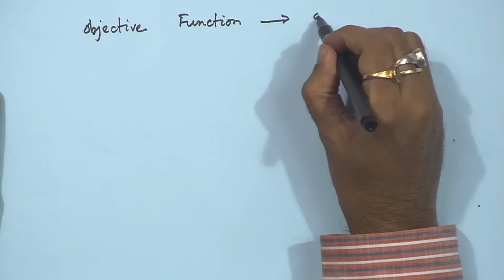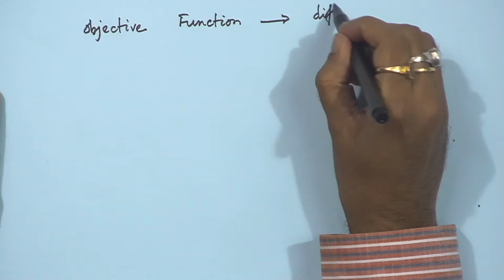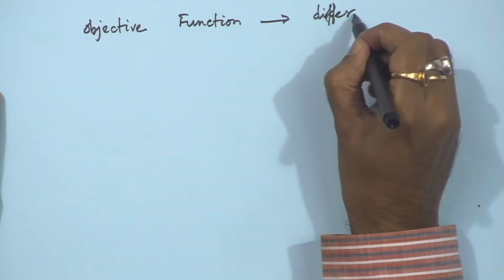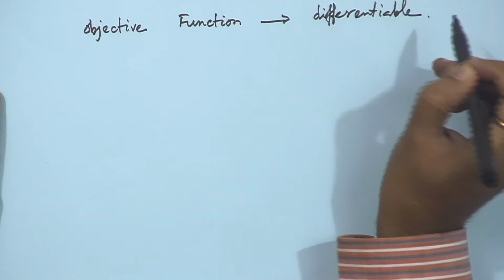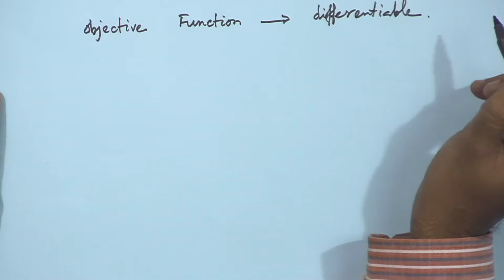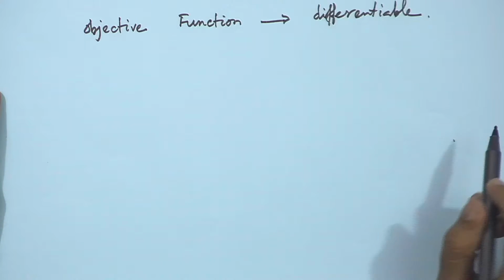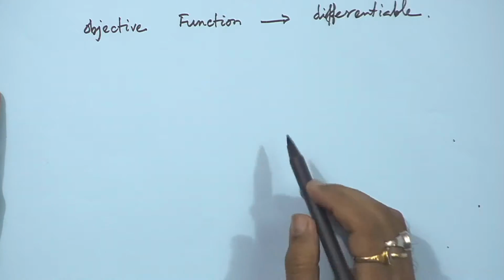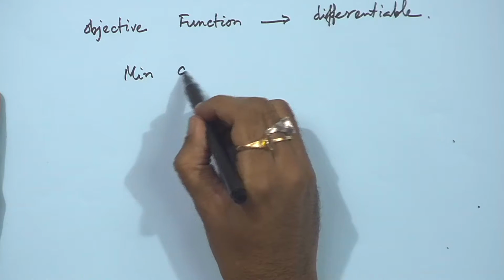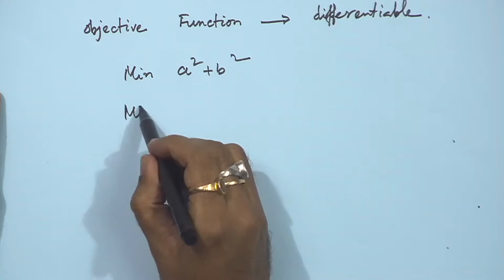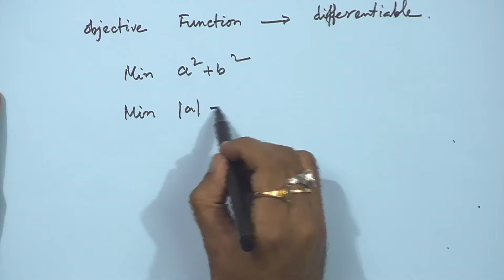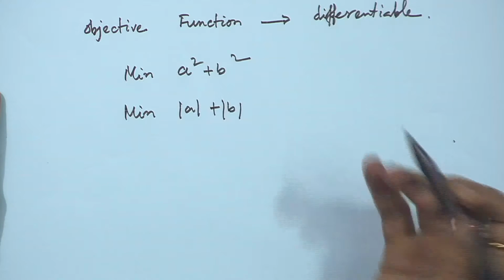Let us say that I can solve the same problem, minimum of a square plus b square is equal to 0, as minimum of a modulus plus b modulus is equal to 0.